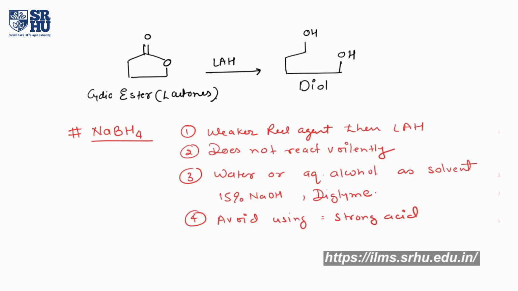Now what are the groups that are reduced by NaBH4? So sodium borohydride, because it's a weaker reducing agent, does not have a very wide capability to reduce organic compounds. Mainly it reduces RCHO, aldehyde group, to the alcohol.